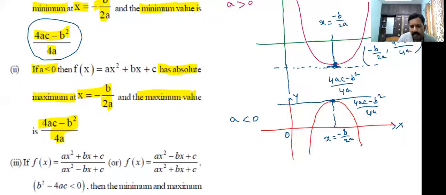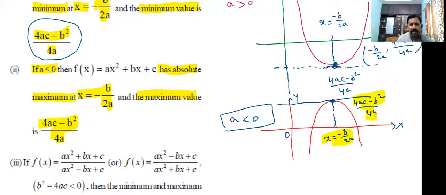This point we will call the turning point of the curve. So if a less than 0, the curve has a maximum at x equal to minus b by 2a. But what is the maximum value? 4ac minus b square by 4a.